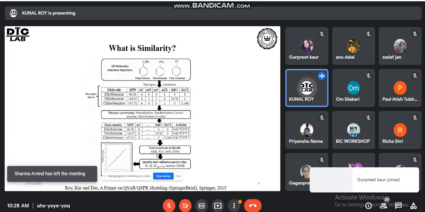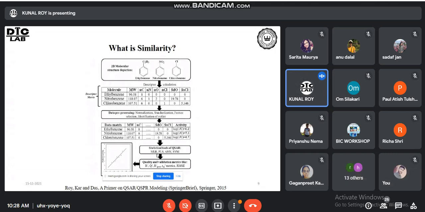And also, we have to use different kinds of validation metrics to check whether the developed model is predictive enough on a new set of data or not. So we have different tools to understand that. And once we are satisfied with the statistical quality and validation parameters, then we will use the model for prediction purposes.